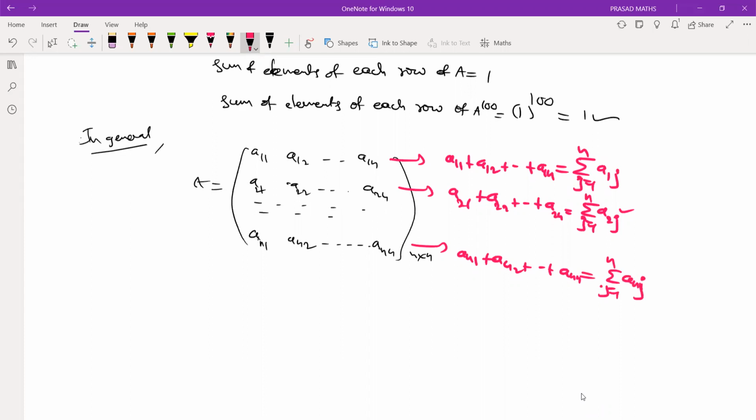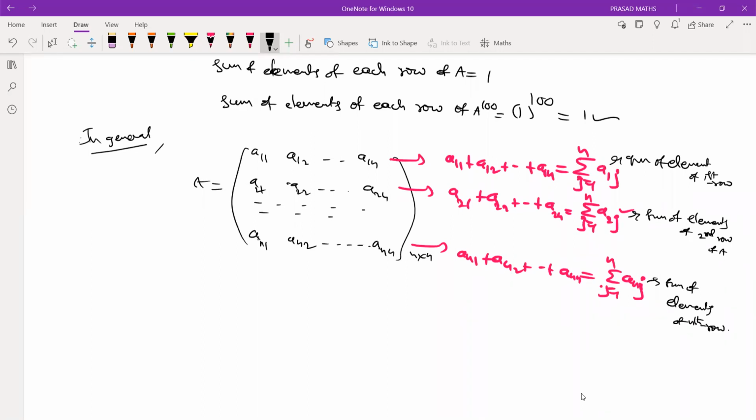So this is nothing but the sum of elements of the first row of A, this is the sum of elements of the second row of A, and this is the sum of elements of the nth row of A.